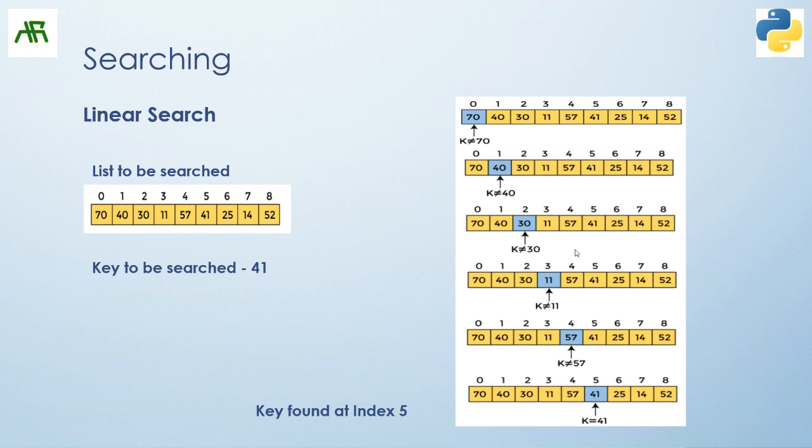This particular search method is not going to be effective. It might take hours together depending on the size of the data. So this is good for a small data set. It can be ordered or not, it doesn't matter, but typically an ordered data set is fed to this particular search.